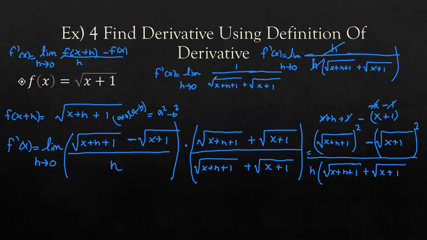Then you just replace h with 0, so it's going to be 1 over square root of x plus 1 plus square root of x plus 1. And when you finally clean that up, your final answer should be 1 over 2 square root of x plus 1, because they have the same base.